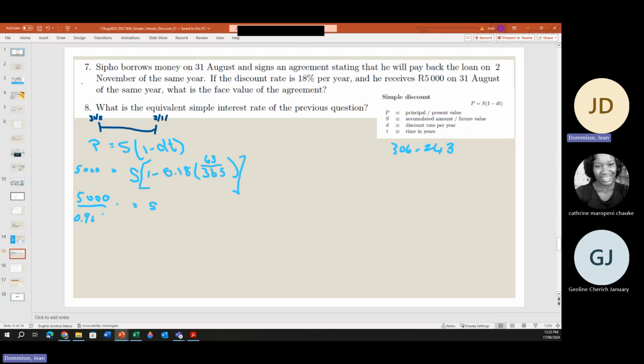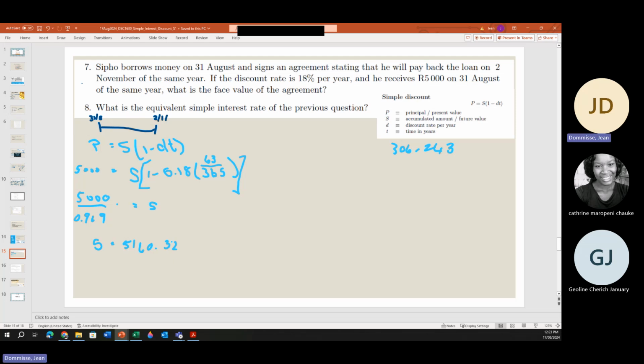So 5,000 divided by 0.969 will give us our future value or face value. So our future value or face value is 5160, and rounded off to 2 decimals, 0.32.